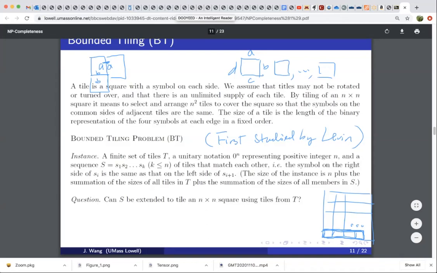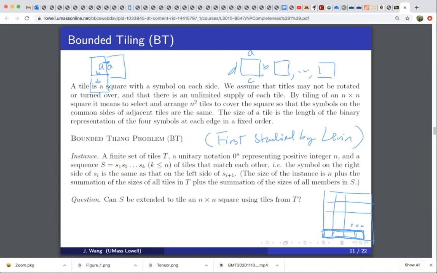All right, now let's look at the wording here. Instance: a finite set of tiles T, a unary notation 0 to the n representing a positive integer n as the bound, and a sequence S of tiles that match each other.